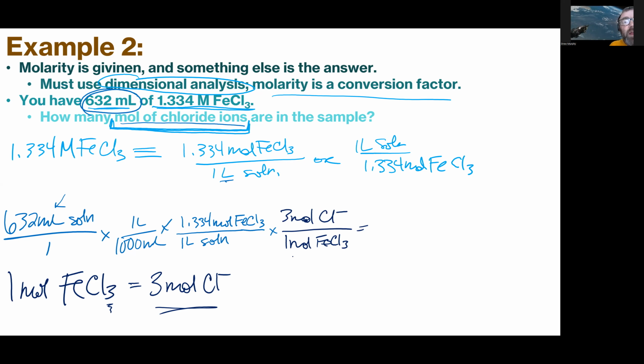And then we figured it out. We got from milliliters of solution to moles of chloride. And there we go. This should be 2.529264 moles of chloride. We want 3 significant figures, so really this is 2.53 moles of chloride.